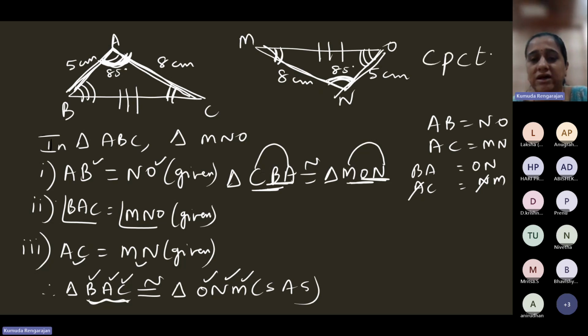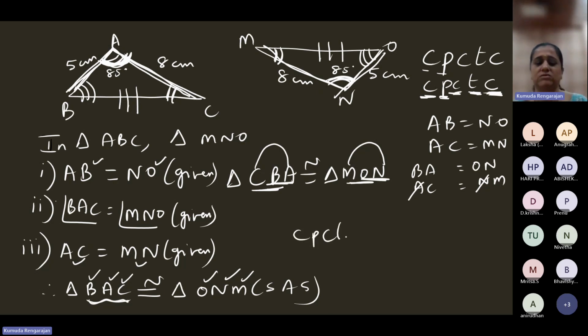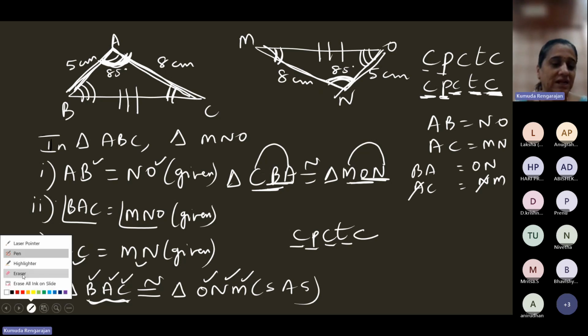Corresponding parts of congruent triangles are congruent. CPCTC means corresponding parts of congruent triangles are congruent, meaning equal. You can just write CPCT also. That's the reason we give.